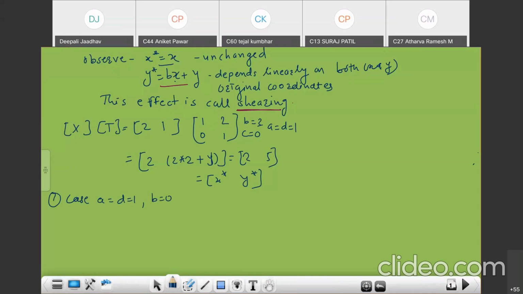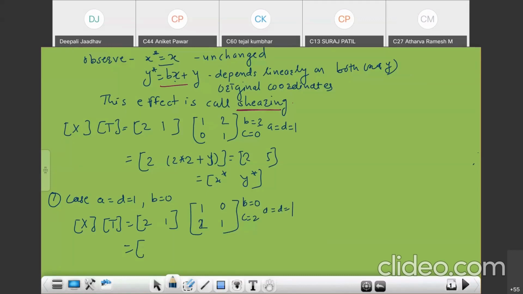Then this shearing is proportional to the Y coordinate. We take the same example, with B equal to 0 and C equal to 2, and A and D equal to 1. What is the result?